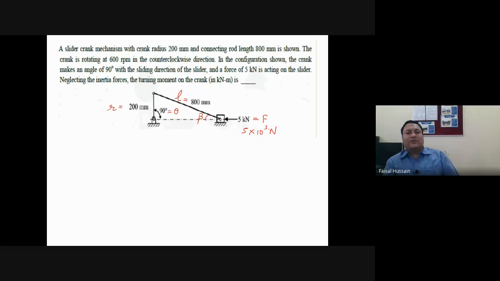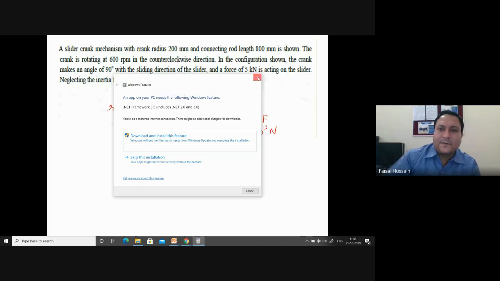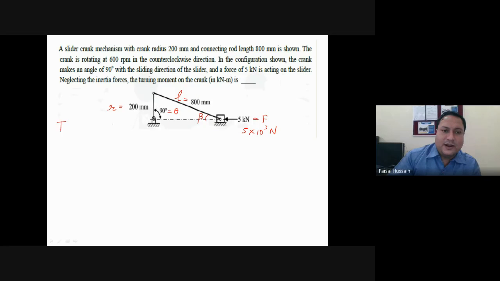In the configuration shown, the crank makes angle of 90 degree with the sliding direction of the slider. Force is given, piston force, and we have to neglect the inertia forces, and we have to determine the turning moment on the crank. Turning moment is your torque. So we have to find T, or torque.